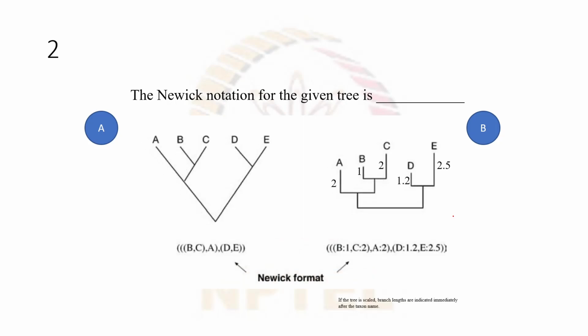Here, what we have are the branch lengths. When we have the branch lengths, we represent them in this way. If the tree is scaled, the branch lengths are indicated immediately after the taxon name. You can see without branch lengths it is A, and with branch lengths it is B.